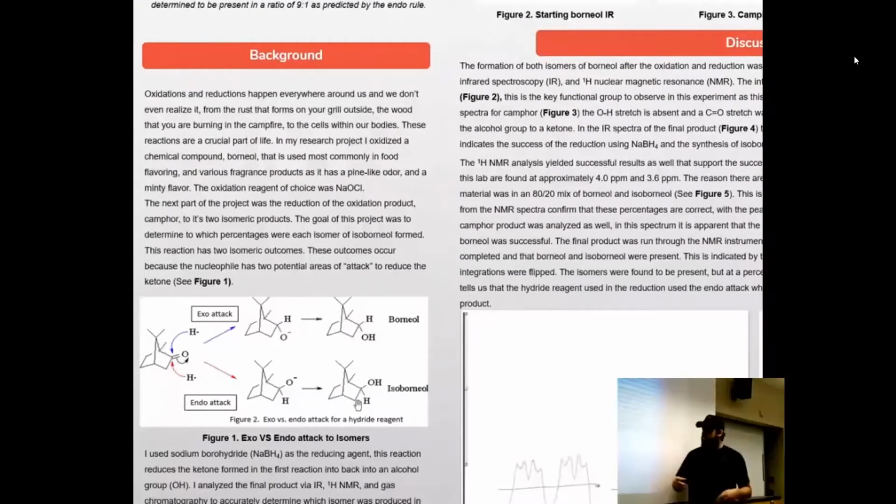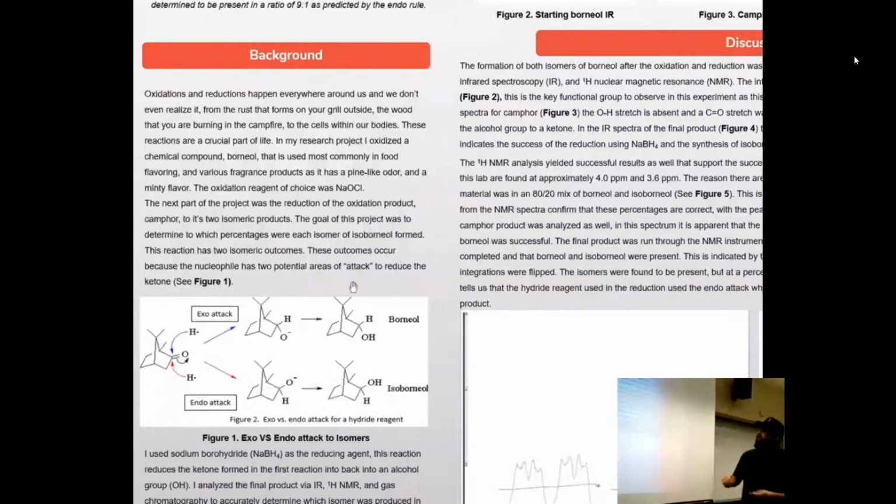Walking through the mechanism again, we get the oxidation in the first step, which turns into the product camphor, an intermediate product. Then I did a reduction using NaBH4, which turns it back into borneol, but also present is its isomer, isoborneol.